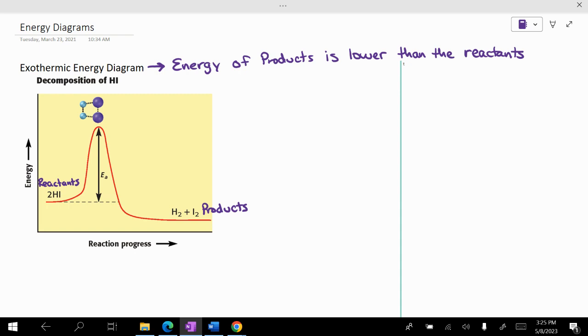And then in the middle is your activated complex. And so we know what reactants and products are. Let's define activated complex.